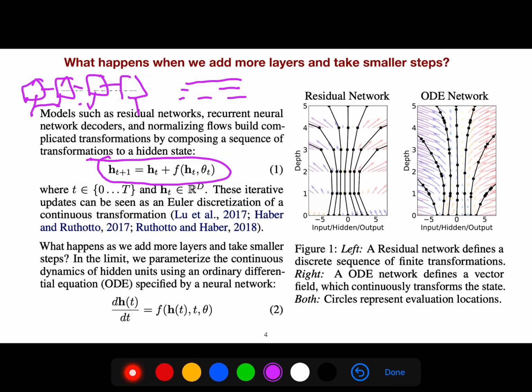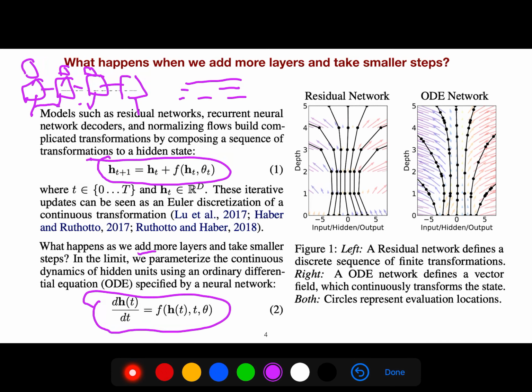What if the number of time steps becomes very large, and you're also adding layers on top of that? At the extreme configuration, you will see that it's just an ordinary differential equation.